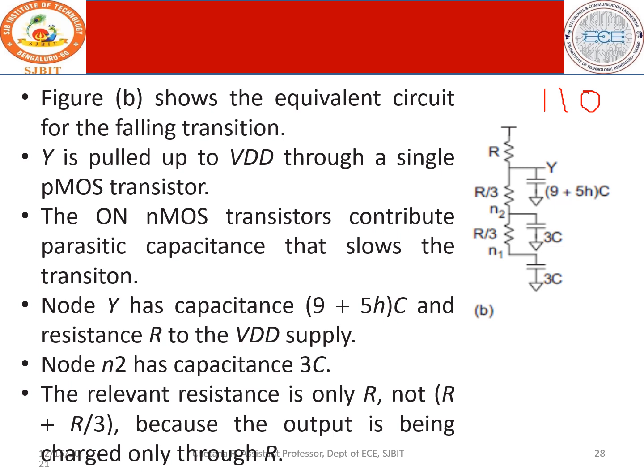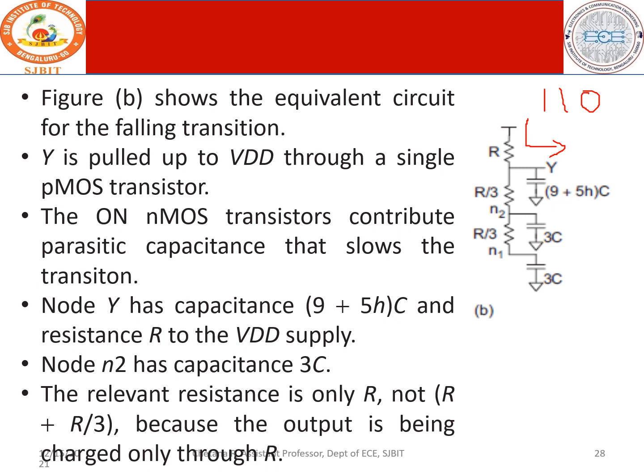And node 2 has 3C, and the relevant resistance is only R, not R plus 3, because the output is being charged only through R. We shouldn't take this because the reference is only from here to here. So only this resistance comes into picture and all capacitances come into picture.